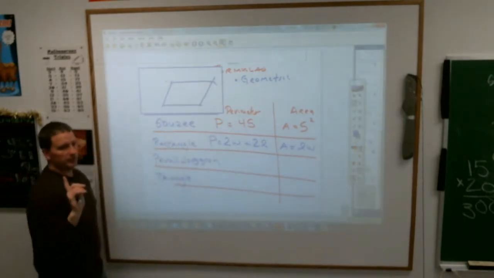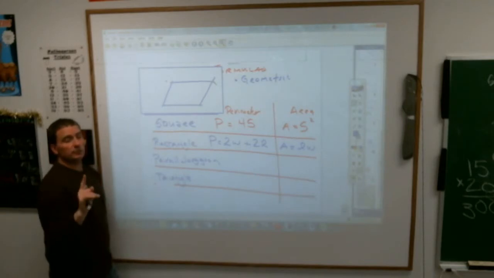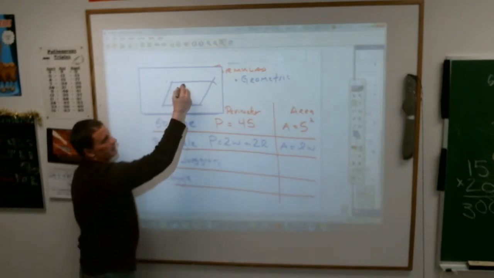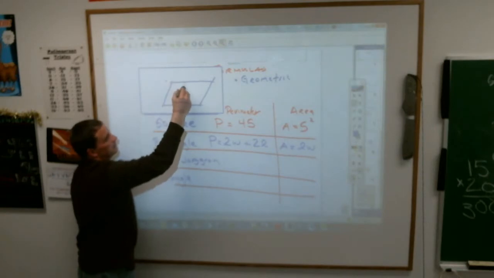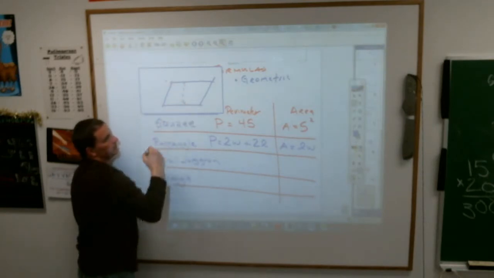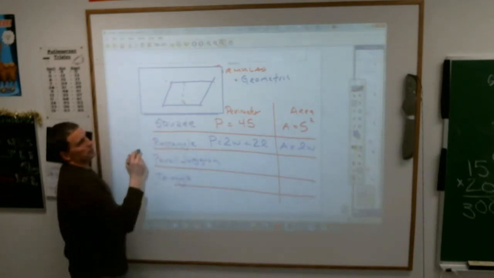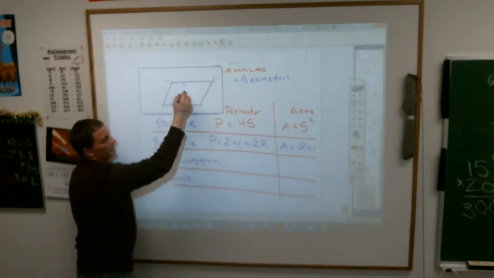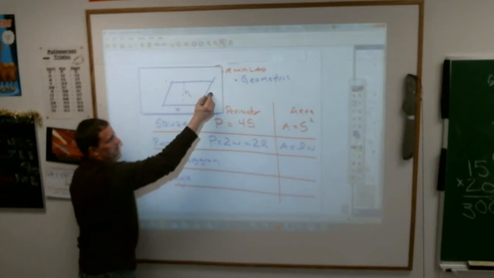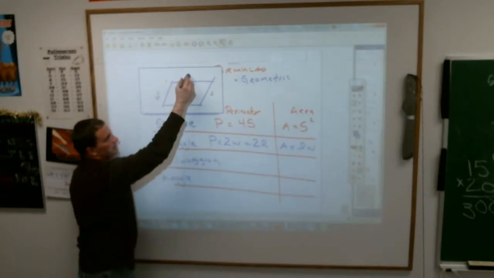When we find area of parallelograms, what also did we need? Not only do we need the sides, but remember, in order to find an area of a parallelogram, you have to have that one line that forms the height. Okay, so labeling this, we have the base, we have the height, and then these over here they call the sides.